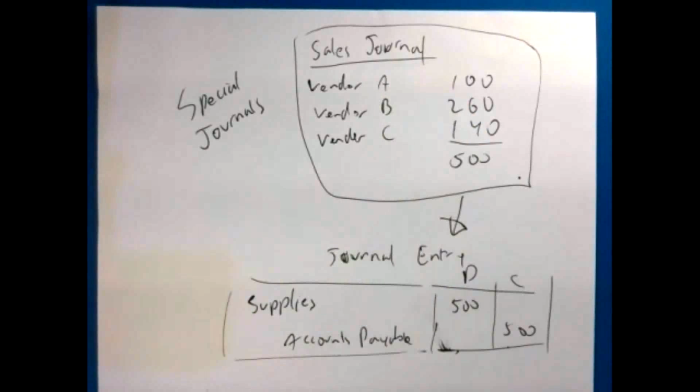Now not everything is in a special journal. Things that don't happen that often, there's no special journal for. For instance, if you get a mortgage, it isn't like you get 10 mortgages a day, right?